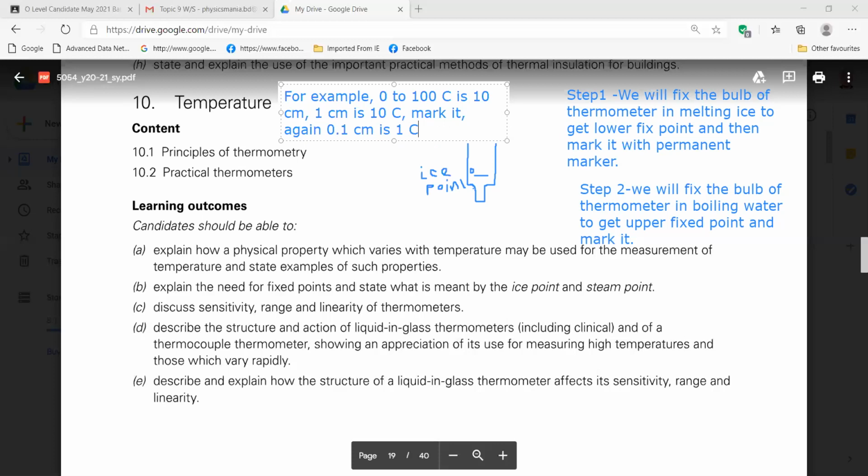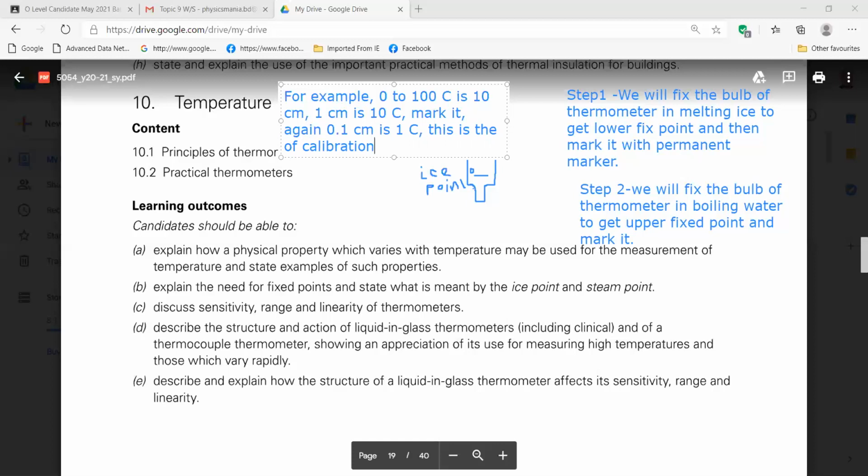Then each part gives you 1 degree Celsius. So this is the way of calibration. Are you clear about this? Yes, sir.